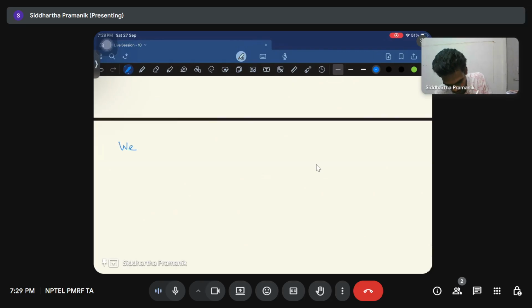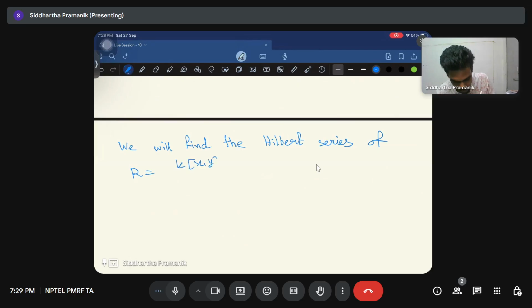So we will find the Hilbert series of R equals k[x,y] modulo the ideal generated by x square, xy.